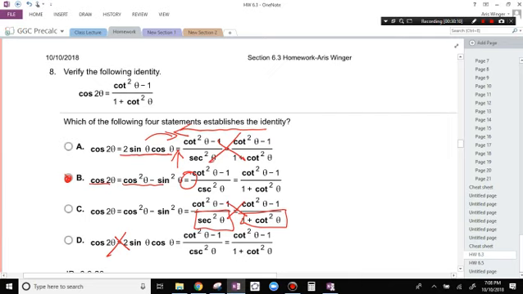I actually do want to offer some extra credit on this equal sign. Why is it that cosine squared minus sine squared is equal to cotangent squared minus 1 over cosecant squared? I actually don't think it's that bad to show it.